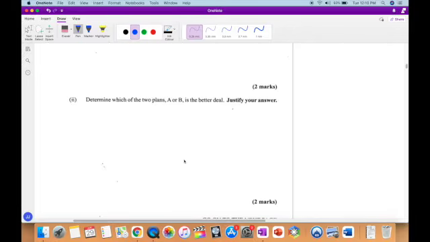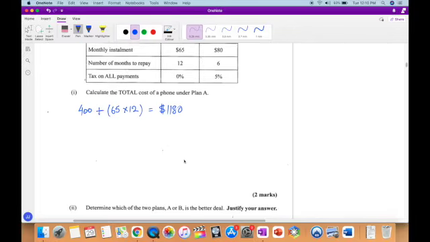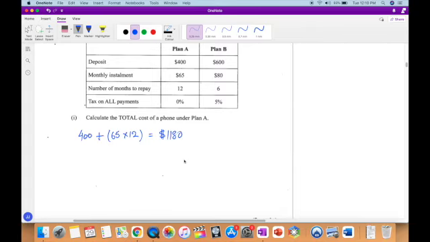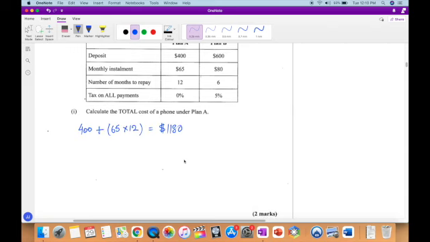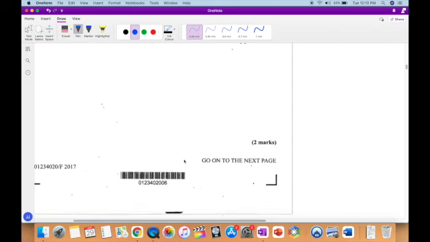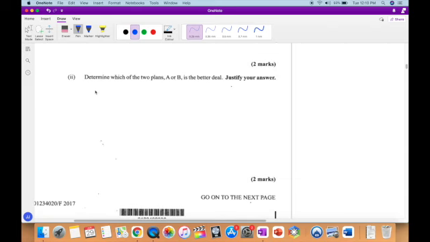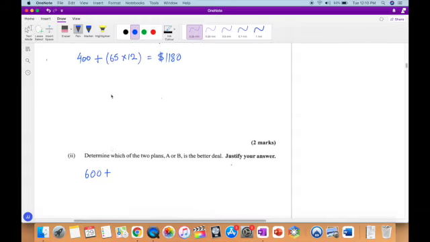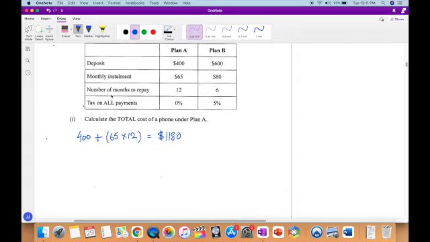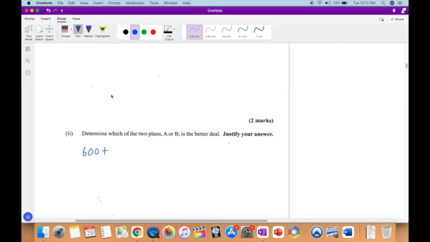Determine which of the two plans, A or B, is the better deal. Justify your answer. Well, I guess I'm going to have to find the total cost of Plan B. And Plan B is 6 months. So let's see how that goes, right? So we have a deposit of $600 plus $80 for 6 months.